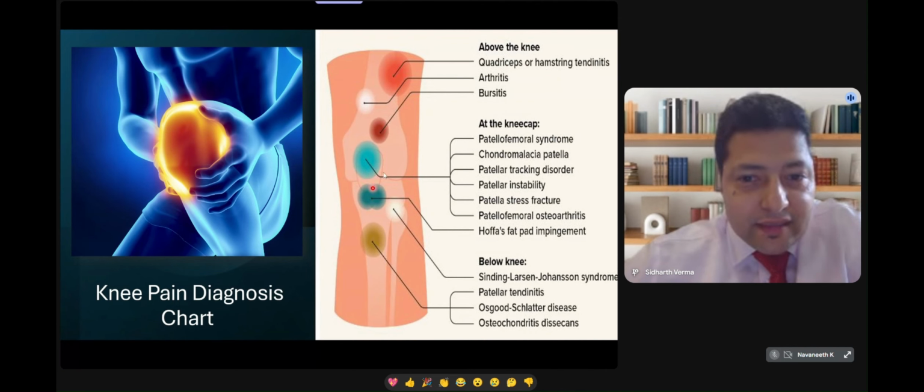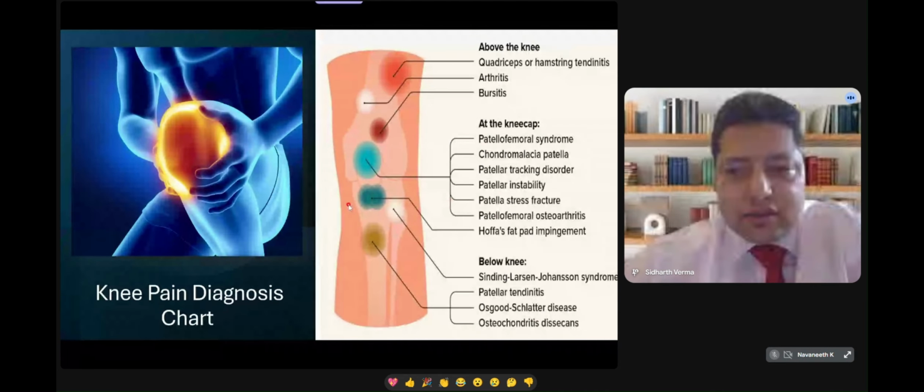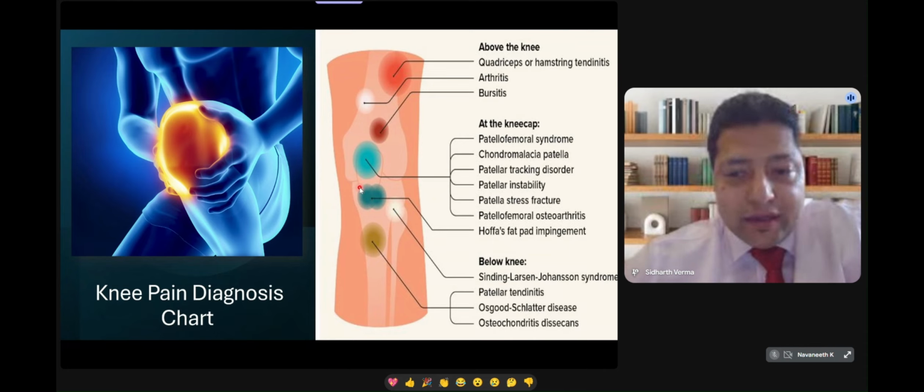If it is at the kneecap, the hard bone on top of the knee, which you can feel also, it can be patellofemoral syndrome or chondromalacia or patellar instability or stress fracture. Patella is the name of that bone, P-A-T-E-L-L-A, and all these are patella related causes. And if there is pain lower down, then it can be bursitis or Hoffa fat pad impingement. All these need to be diagnosed.